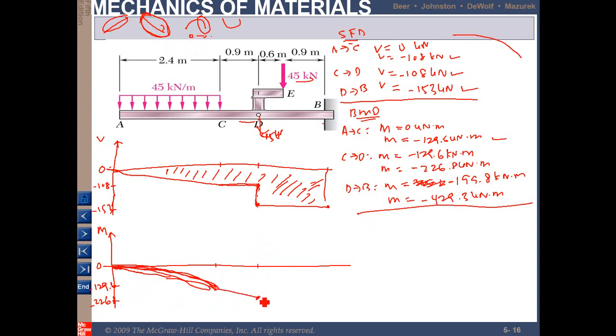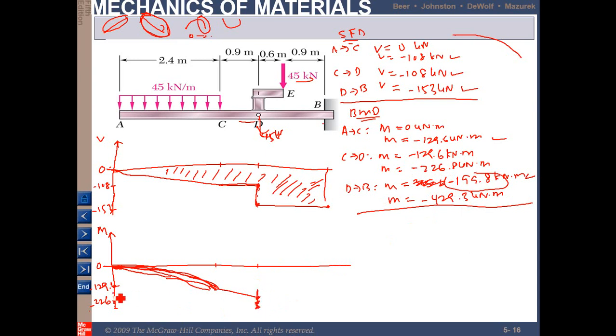This is 226.8, and then from D to B it will go to 199.8 kilonewton meter. Oh no, because this is 199.8 and this is 226.8, it will go up. Not this one, it will go up.